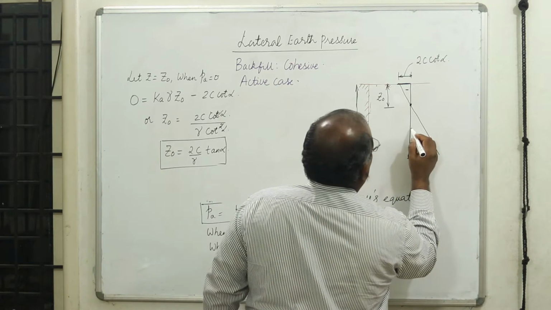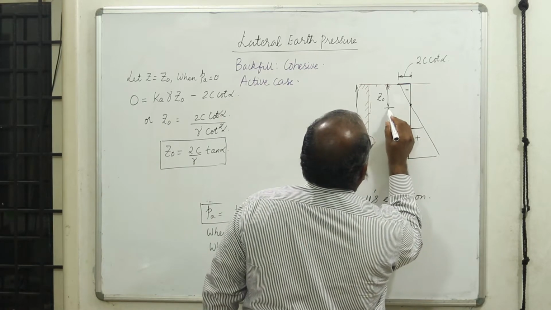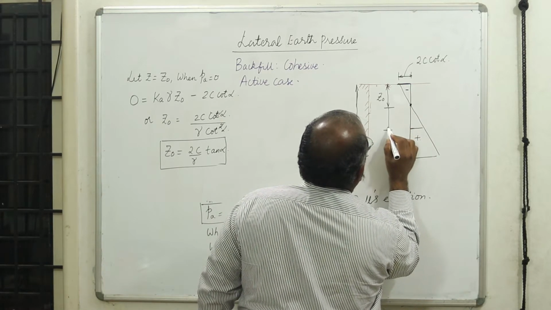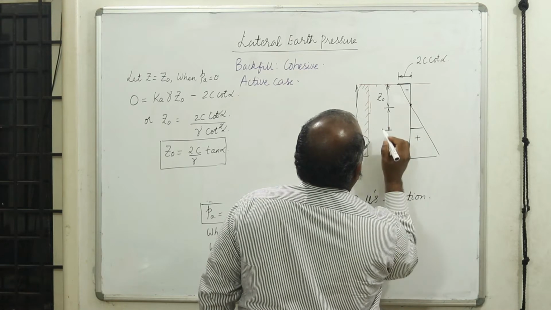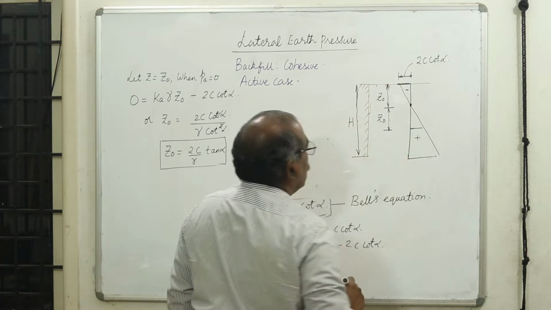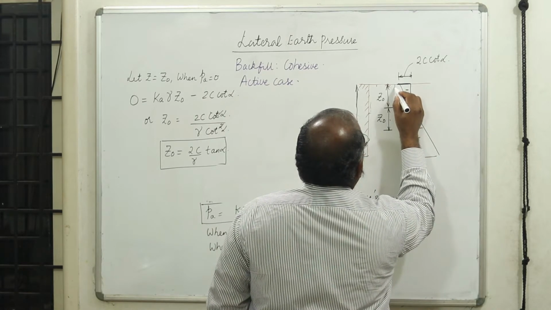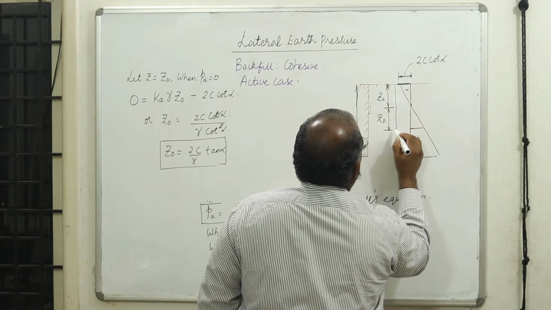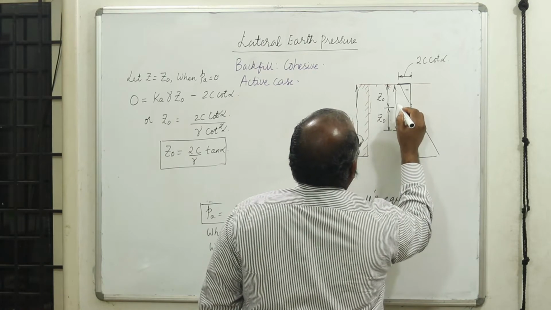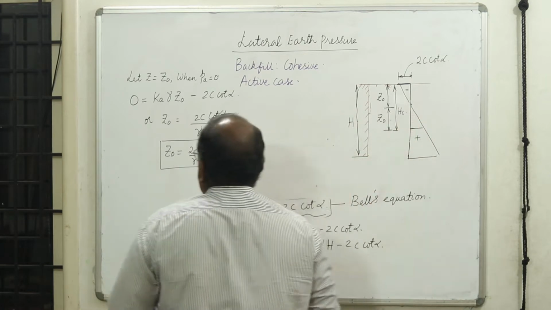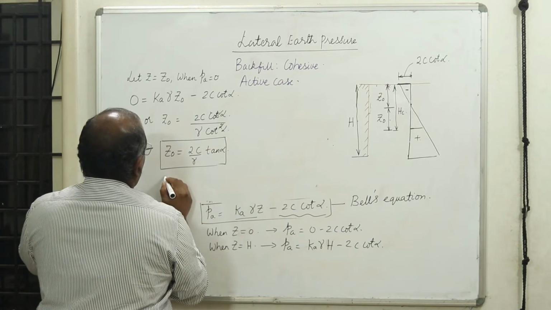Now we have a depth up to which there is no net pressure, because we got negative pressure. Let us call this depth HC.